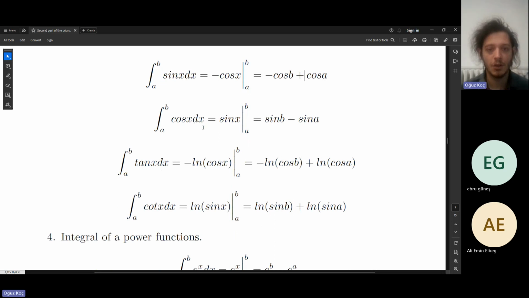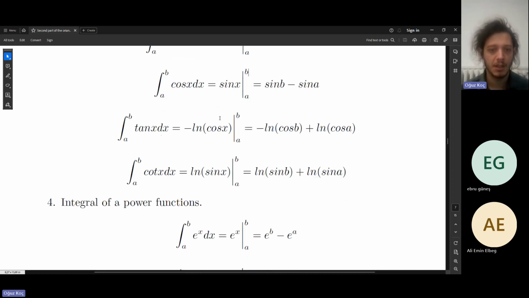And the integral of cos x is equal to just sin x. In this part, we don't have the additional minus sign, so we don't need to change the sign of the function. It's just equal to sin x, and for the limit points, it's equal to sin b minus sin a.